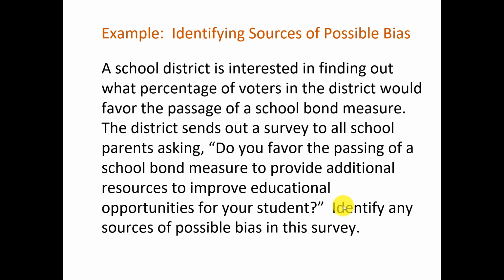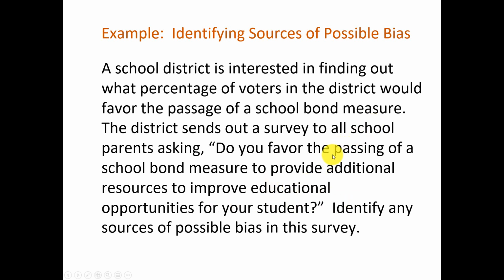So I can see at least two. You'd be conveniently sampling your survey. You're going to school parents, and they're more than likely in favor of passing a school levy. And two, the wording of this question is very leading, so it may sway people's answers too.